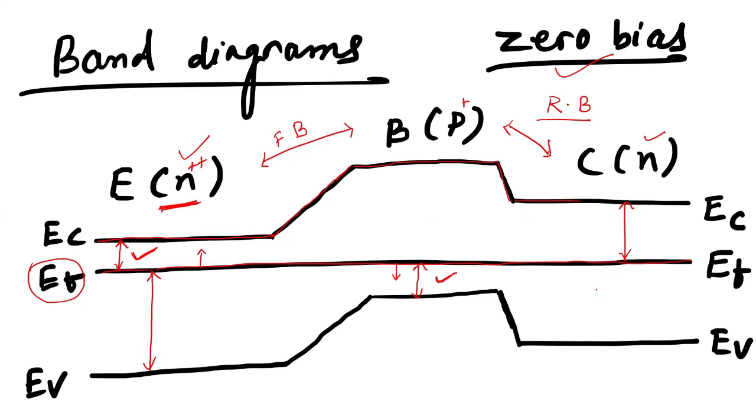Ultimately, in the energy band diagram, this one also is reverse biased, so the Fermi energy level will be shifted down, and accordingly this space charge width will increase, so you will observe more band bending here. And this space charge width will decrease because it is forward biased, so you will see less band bending here.